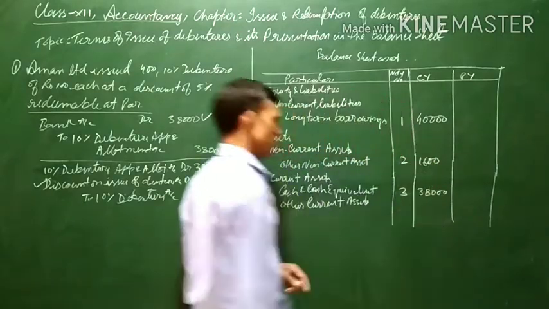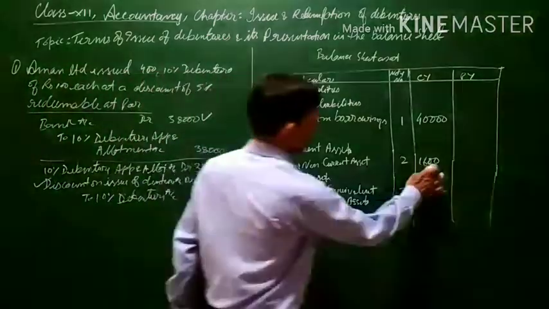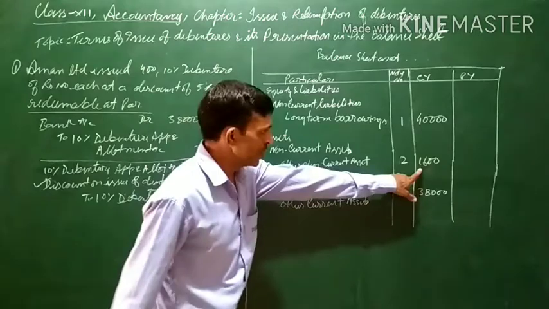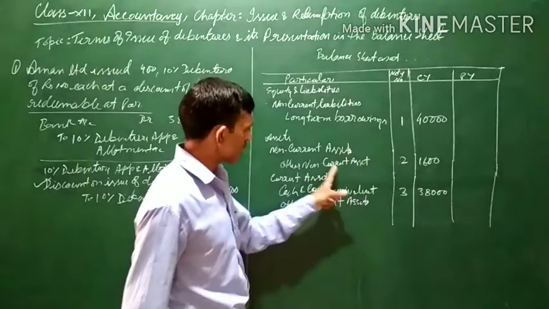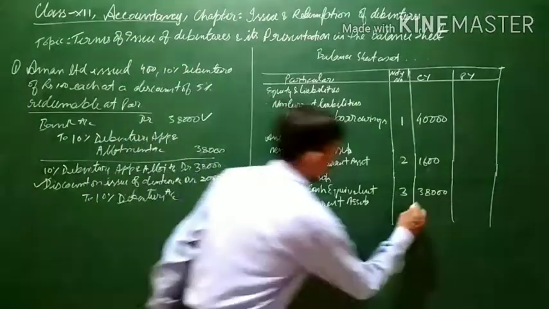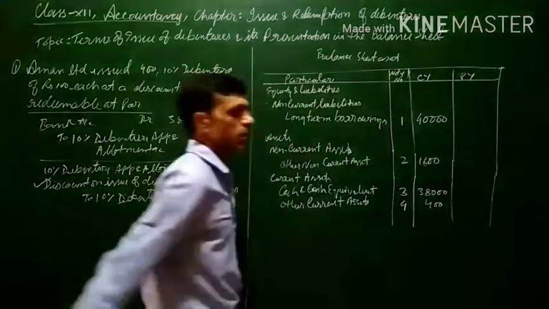This is note number 3. Other current assets: out of this 2,000 discount on issue of debenture, 1,600 is other non-current assets, and the remaining 400 will be other current assets. This is note number 4.